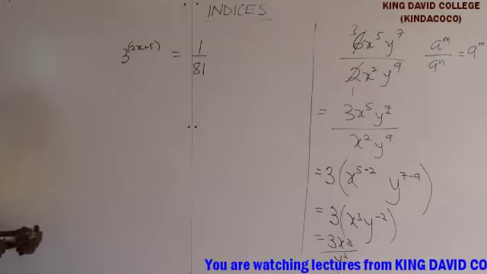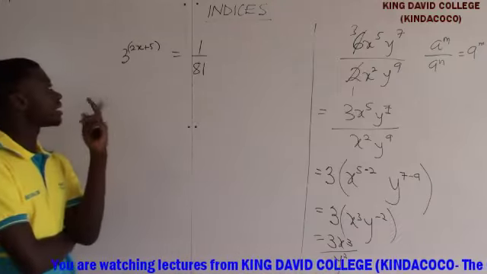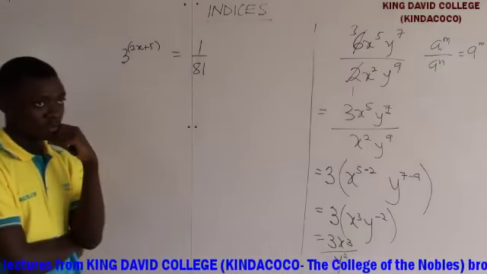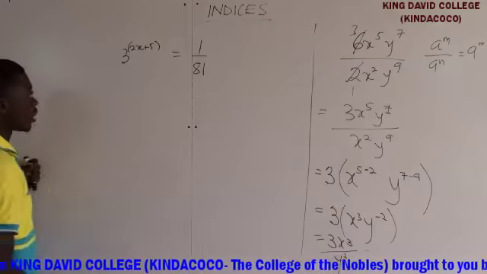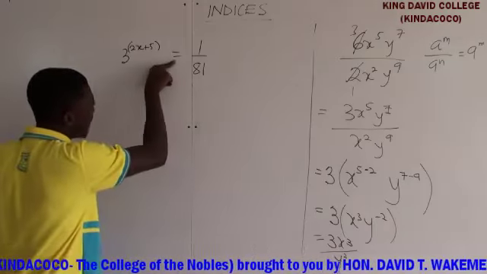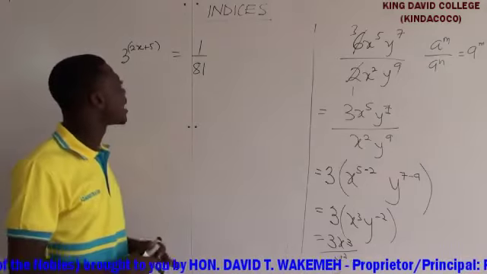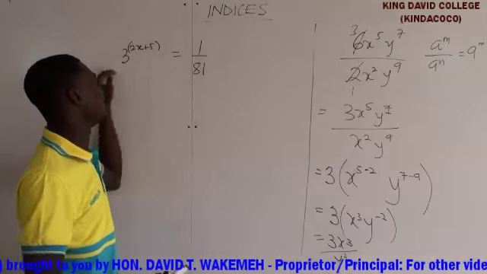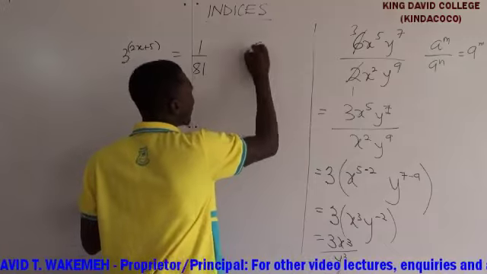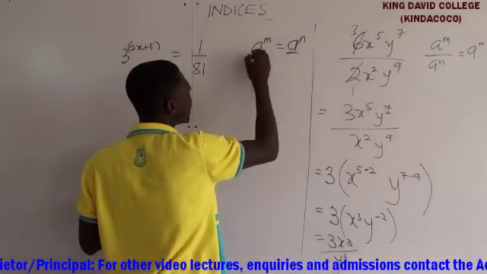We know that the equation will only work when we are able to change whatever is here to a base of 3. You remember, for that particular law, a to the power m should equal a to the power n, so the bases must be the same.